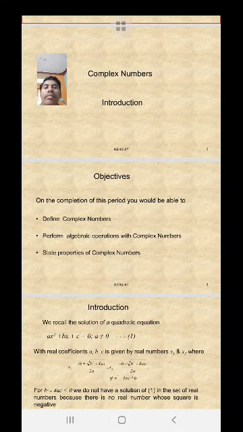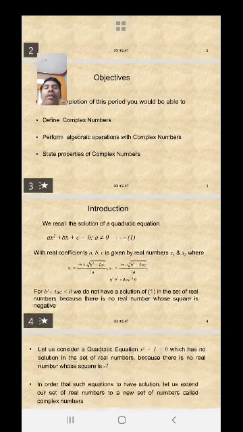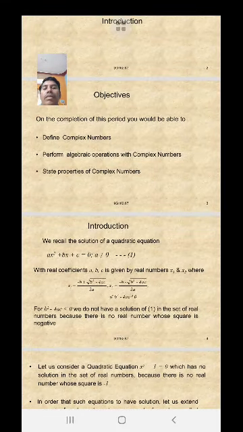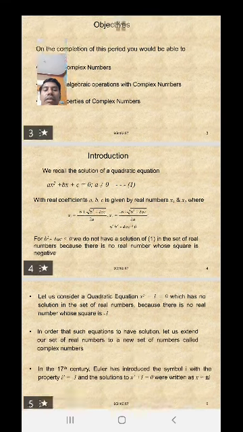We have defined complex numbers and its operations, operations performed with complex numbers, and properties of complex numbers.